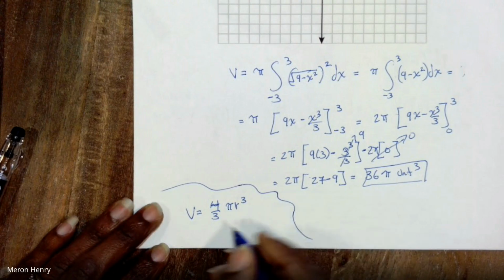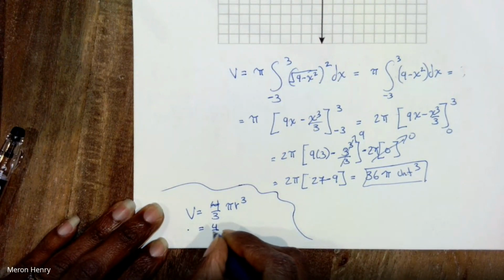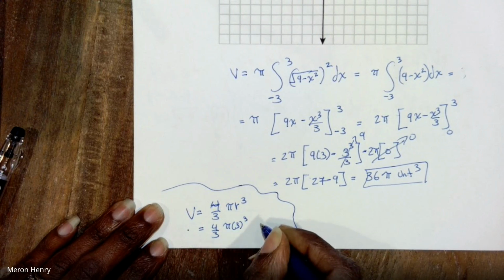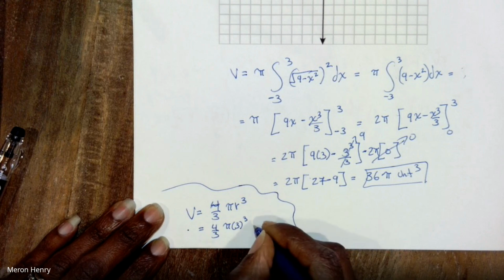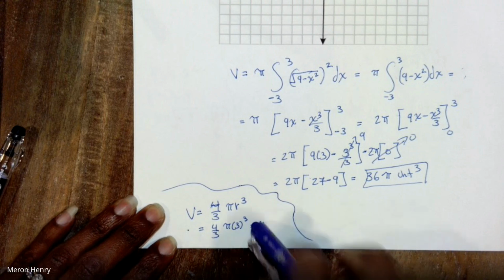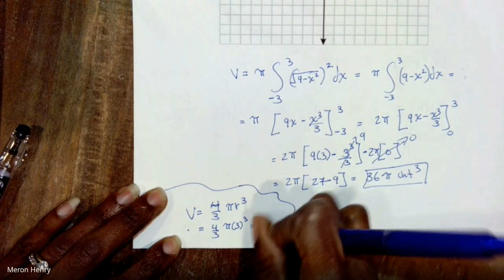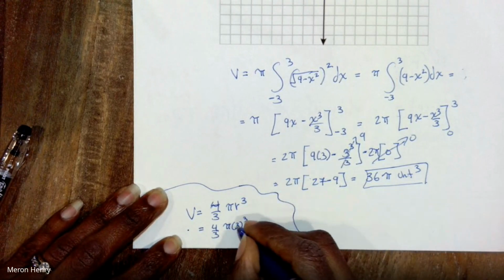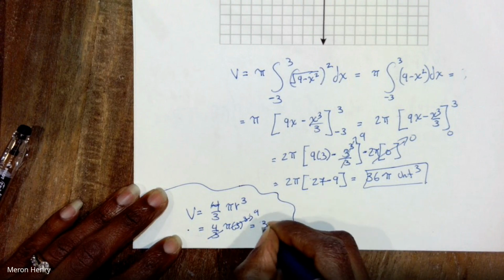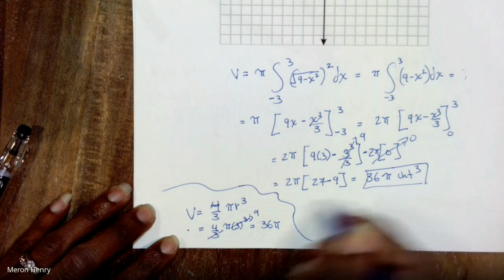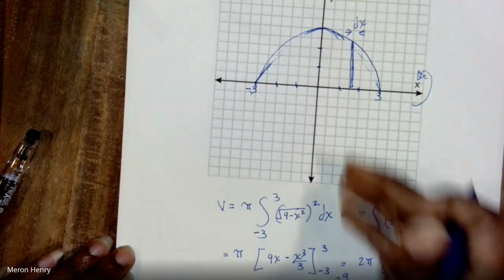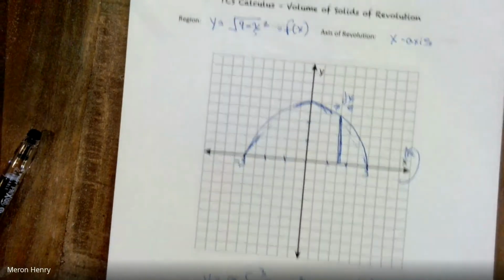This will end up giving us 4/3 times pi times 3 cubed. And this would cancel out and give you 9, right? So you'll have 36 pi. So the answer is the same, but in this case, we're using what we've learned in calculus to solve for the volume.